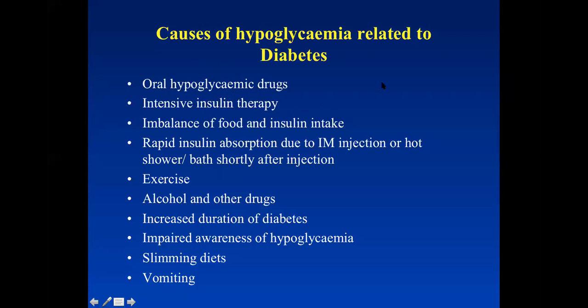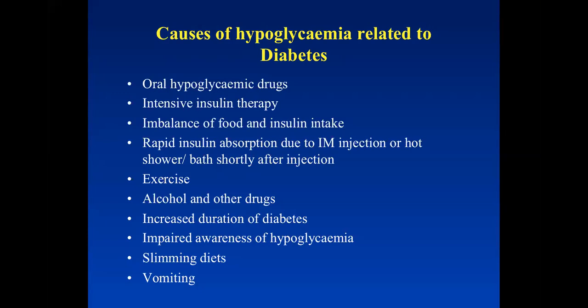The patients are strictly advised on their diet while on insulin and oral hypoglycemic drugs. While on treatment, if they don't take food as they used to do, they can go into hypoglycemia. So if there's an imbalance between food intake and insulin intake, there's a risk.